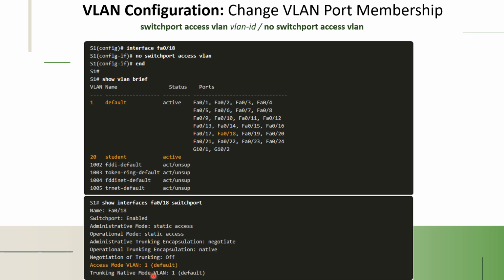As you can see, access mode is for VLAN 1. This is only one part of the show interface FastEthernet 0/18 switchport output.